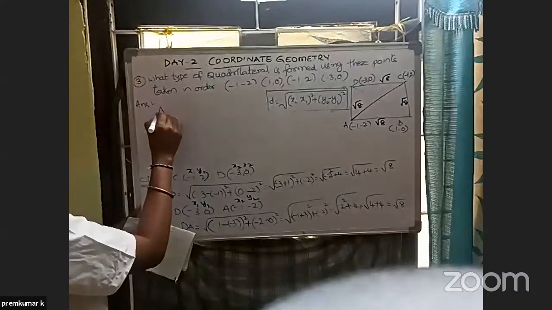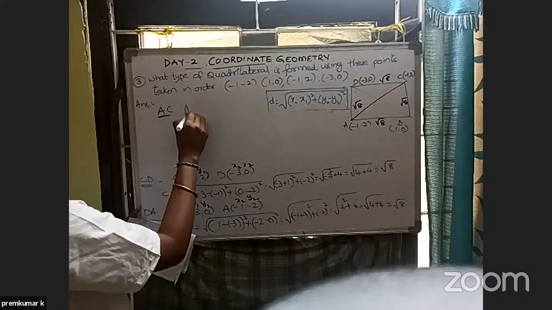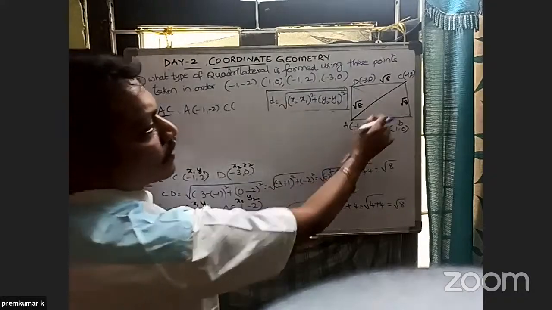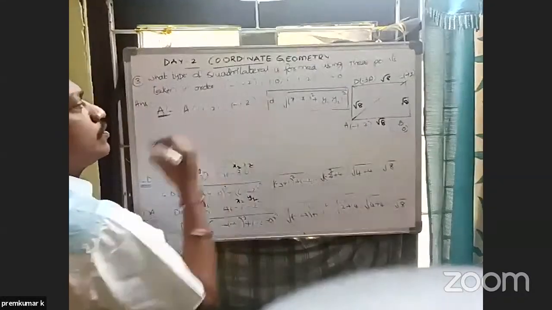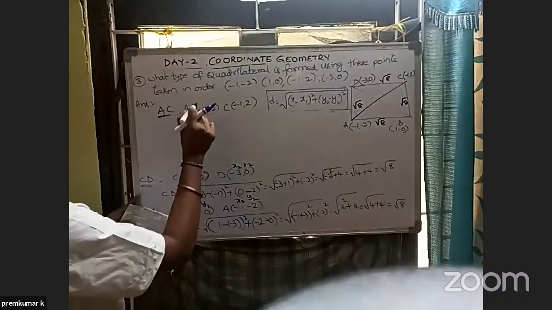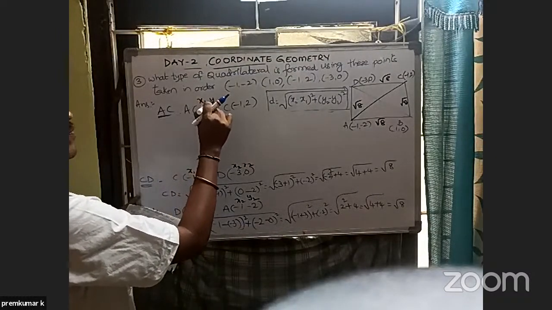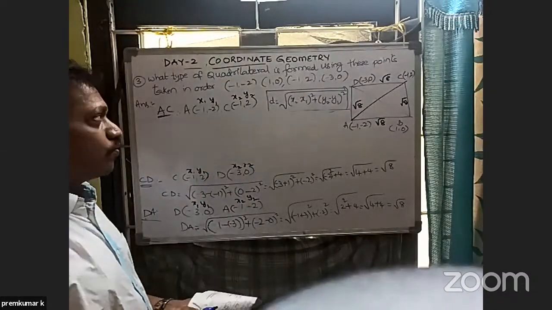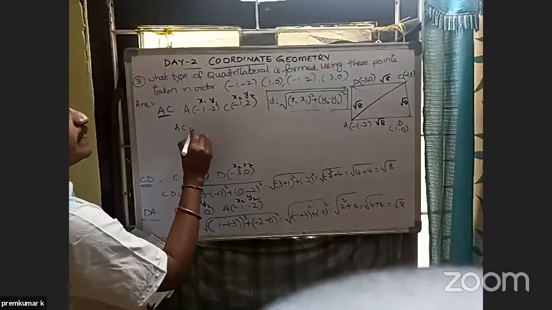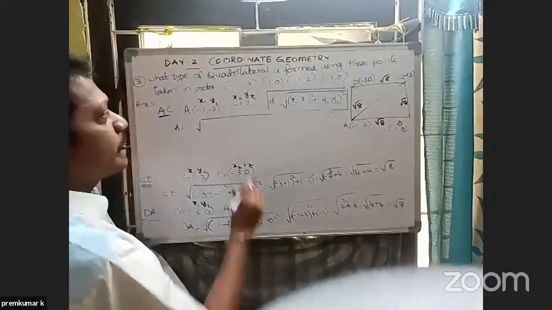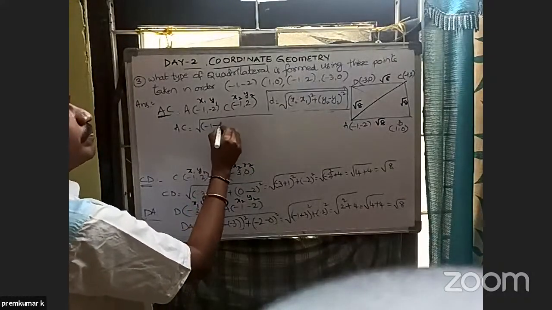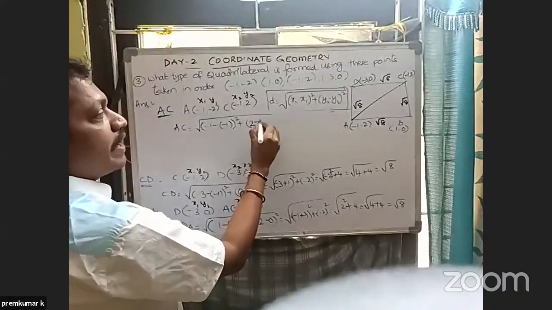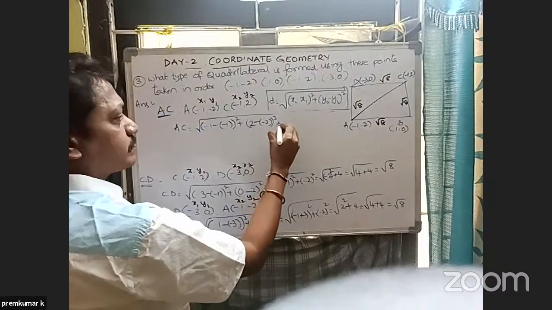AC. A value is (-1, -2) and C value is (-1, 2). Here you write this as x1, y1. This is x2, y2. Then AC is equal to under root of (x2 minus 1) minus of -1 whole square plus 2 minus of -2 whole square.